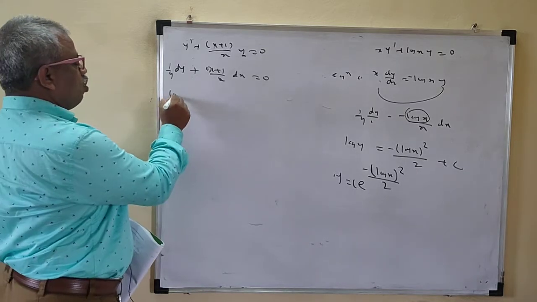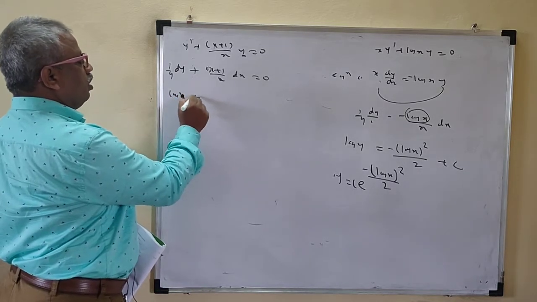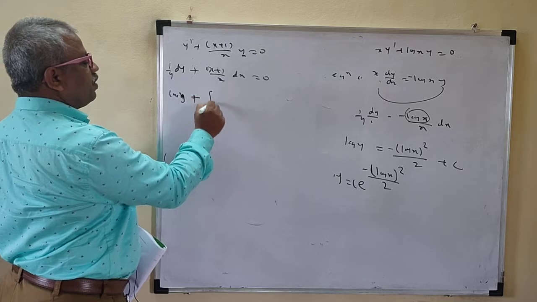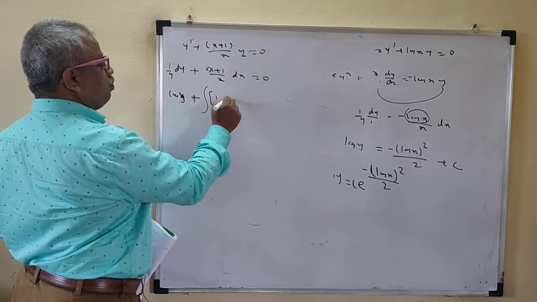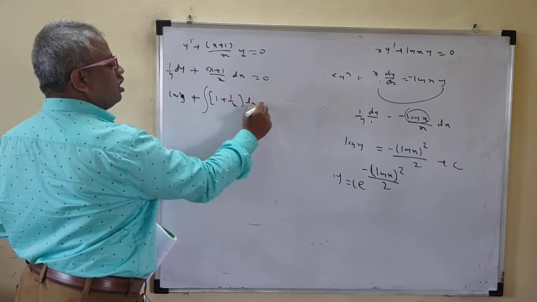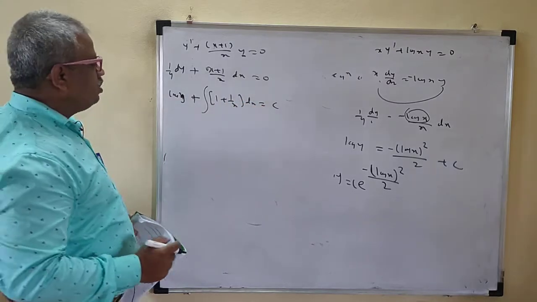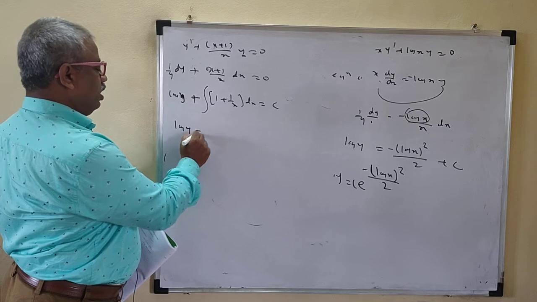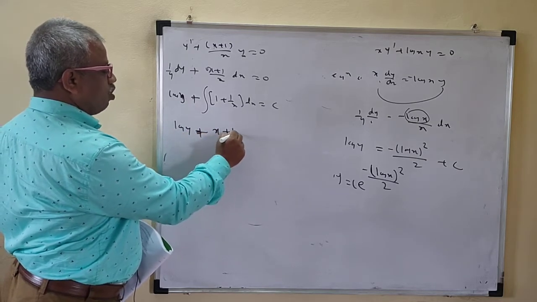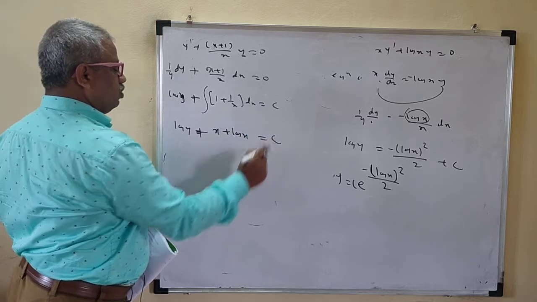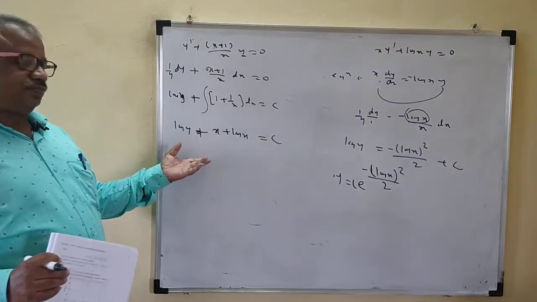So log y plus, I can separate this integration, integral of 1 plus 1 upon x dx is equal to c. Integration of 0 is c. So log y plus integration of 1 is x plus log x is equal to c. This will be your solution.